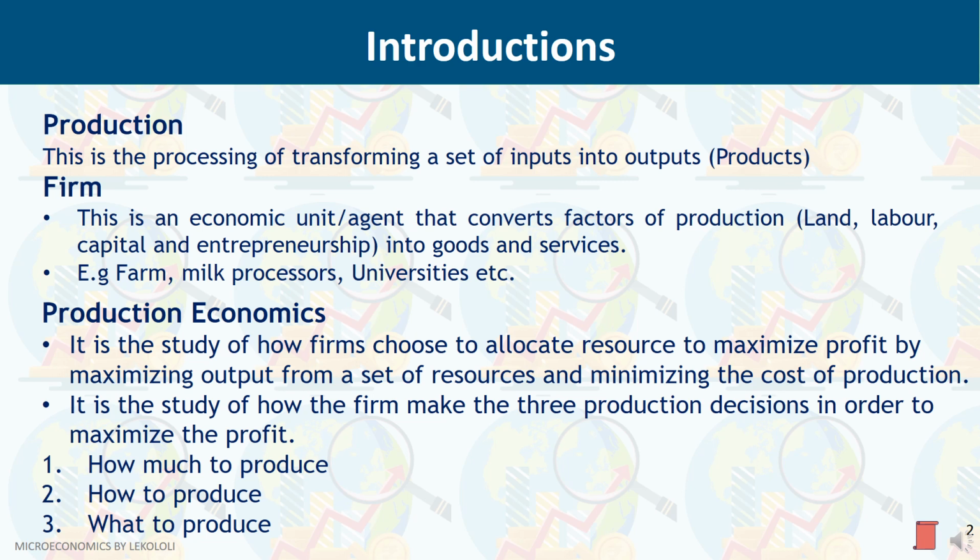It's like a simplified model to help us understand how farms make production choices. So, stay tuned as we unravel the secrets of production economics and learn how farms make the magic happen.